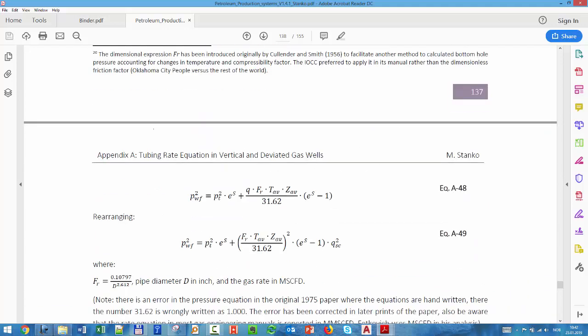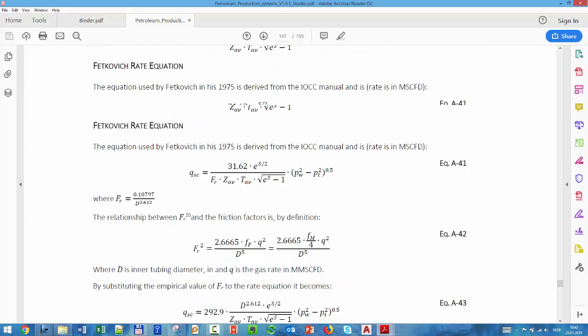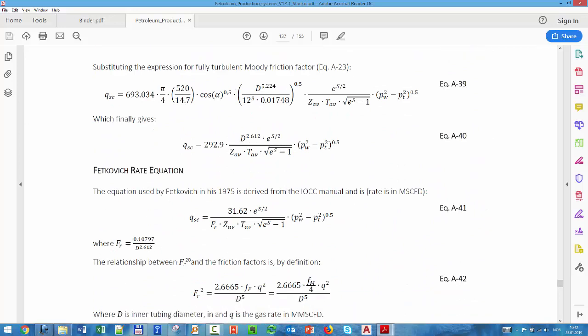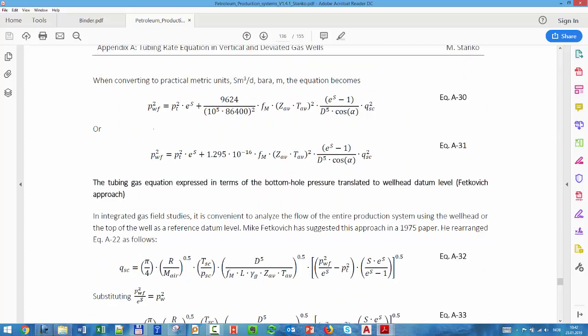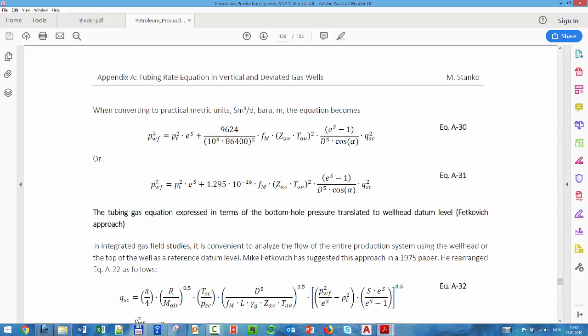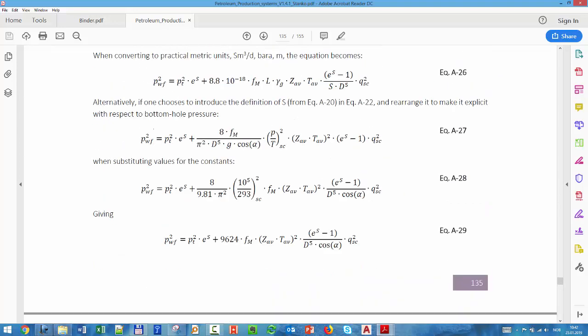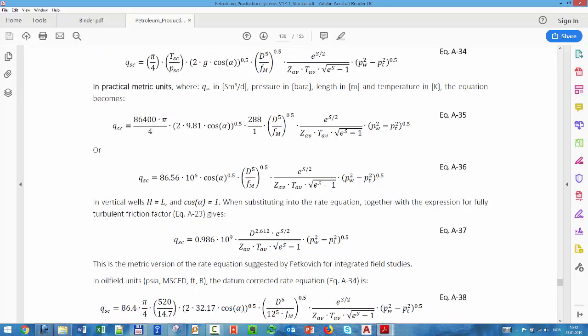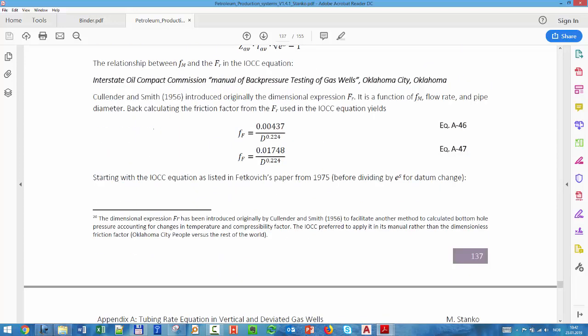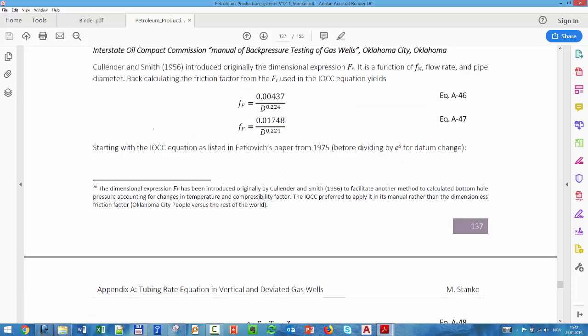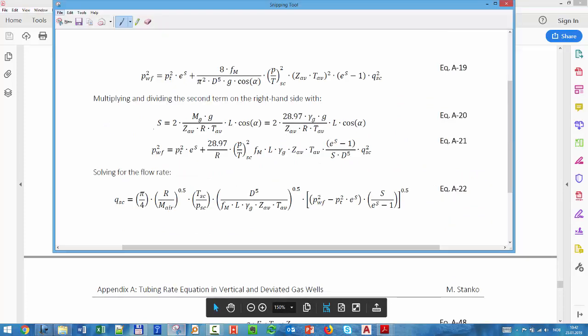The point is that the friction factor is expressed simply as a function of diameter, because you're in the fully turbulent regime and you have also expressed the roughness in terms of diameter. I think that's the expression. We're going to see it soon.